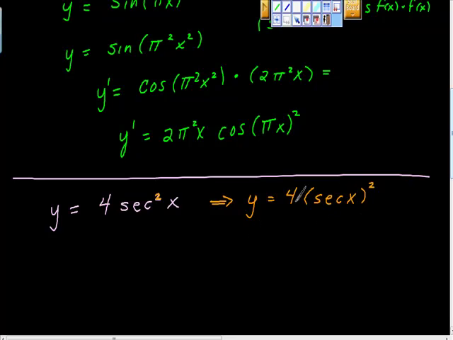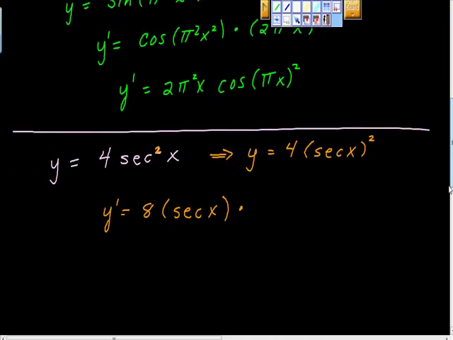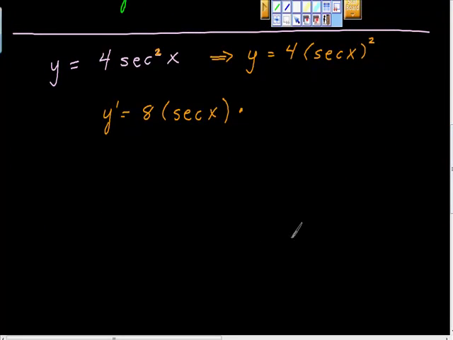So take the derivative of the outside times the derivative of the inside. So the derivative of the outside is 2 times 4, so let's start with y prime. Y prime is equal to 2 times 4 equals 8. Remember that it's still secant x here because we're not taking the derivative of the inside. And the derivative of the inside, you have to remember this, the derivative of secant, right?